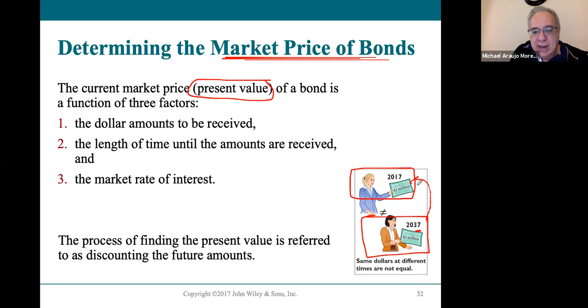How much is it worth today in today's money? So the present value tables will tell us how much $1,000 in 2037 is worth in today's money. Okay, and we do that by using a present value table.